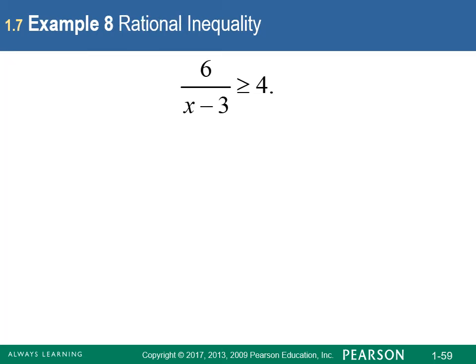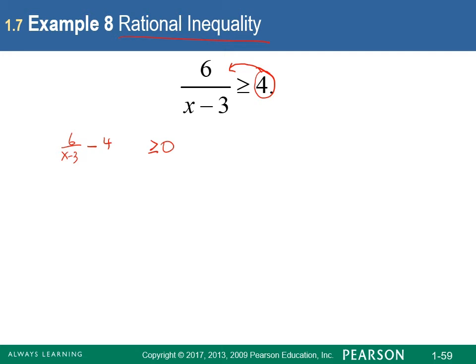Now, to solve the rational inequalities, we really need this to be a 0. So we will start by subtracting 4 from both sides. If we take the 6 over x minus 3 and subtract 4, we get the 0 that we wanted.